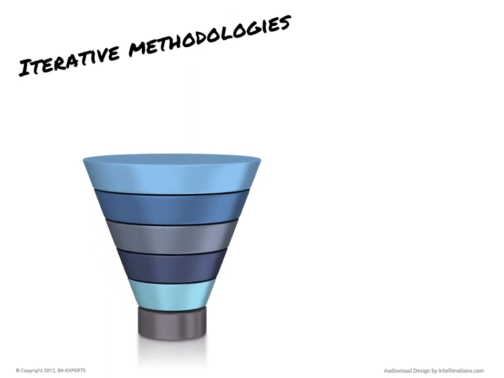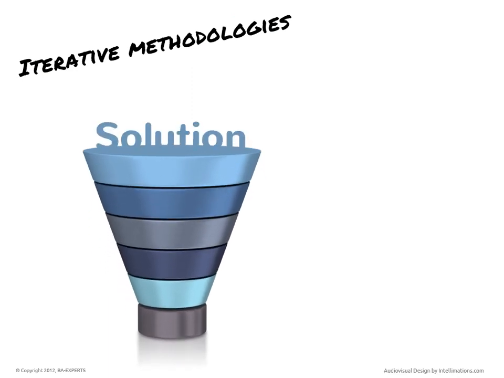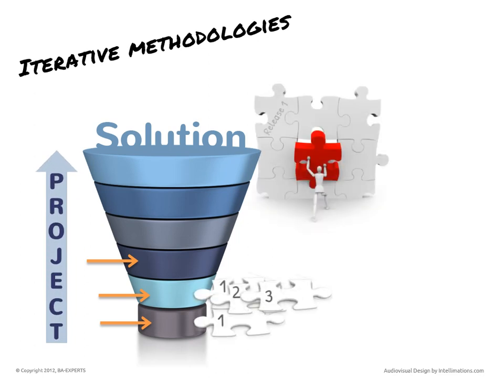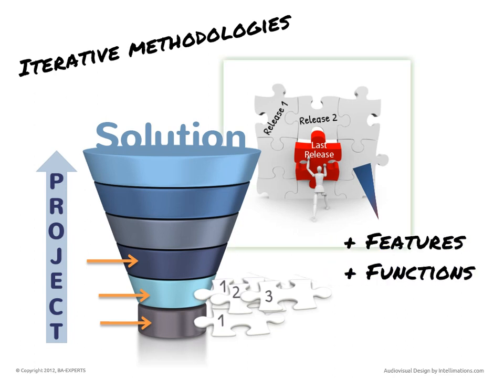Iterative methodologies break the tasks of delivering IT solutions into smaller chunks and break the project into a series of releases. Each release provides a piece of the final solution that the user community can use. Subsequent releases morph the solution to add features and functions that will ultimately lead to a complete solution.